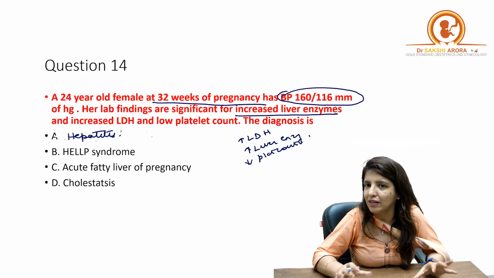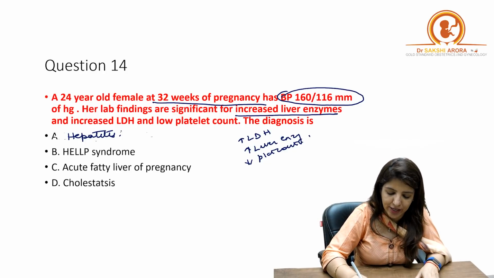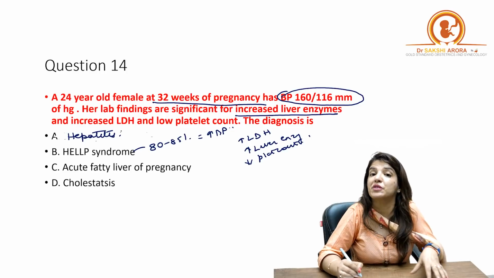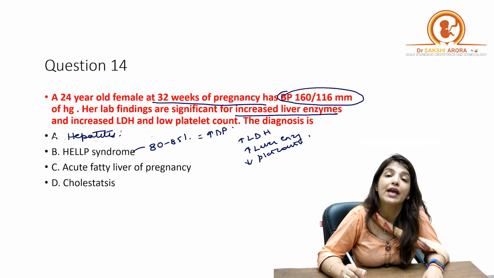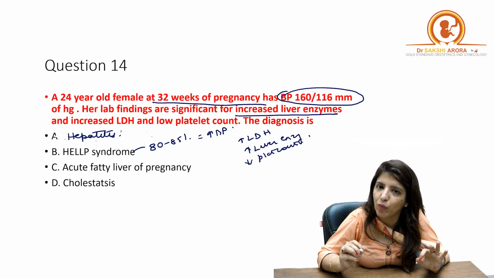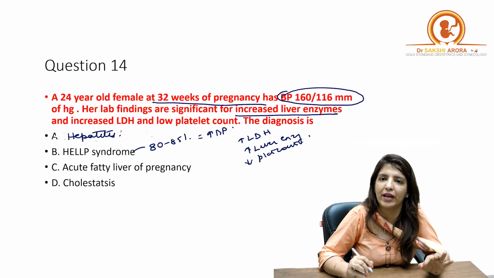This is a typical presentation of HELLP syndrome, because in HELLP syndrome, in 80 to 85% cases, BP of the patient is raised, and HELLP syndrome is a complication of severe preeclampsia. Right? But I am saying that in 80 to 85% cases BP is raised, there will be around 15% cases in whom the BP of the patient will remain normal.